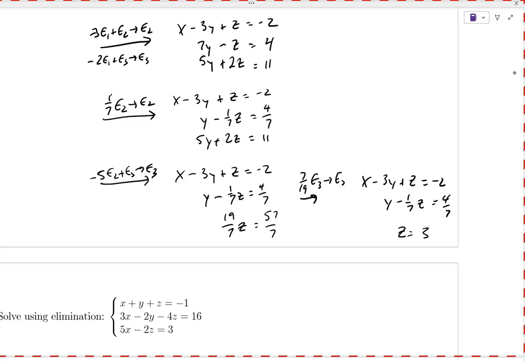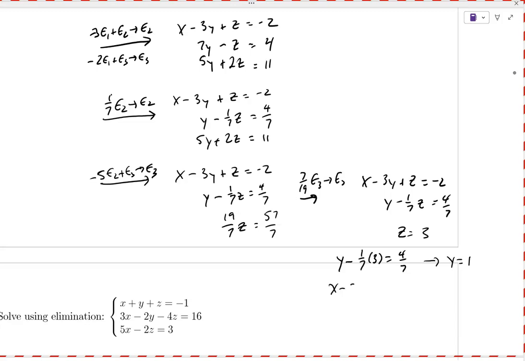So now when we plug back in for the y, oops. Plug 3 in for z. Well, 1/7 times 3 is 3/7. You add it to the other side, you'll get 7/7, or 1 for the y.